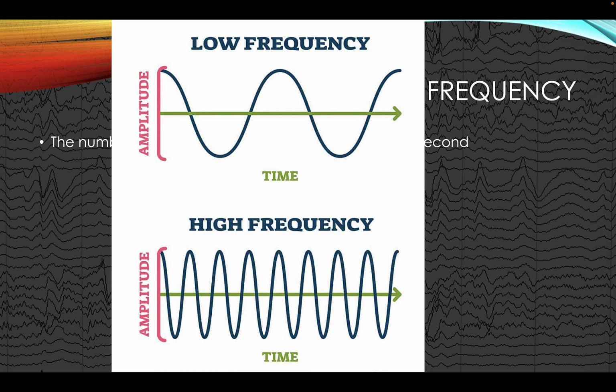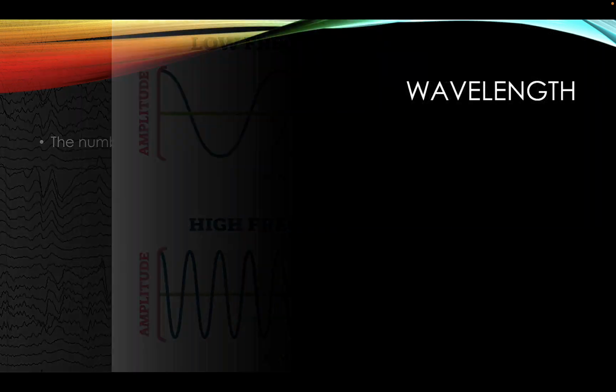In the top picture here, you can see low frequency, and these waves would be traveling slower. In the bottom picture, this is high frequency, and these waves are traveling much faster. So frequency has a lot to do with speed of travel.